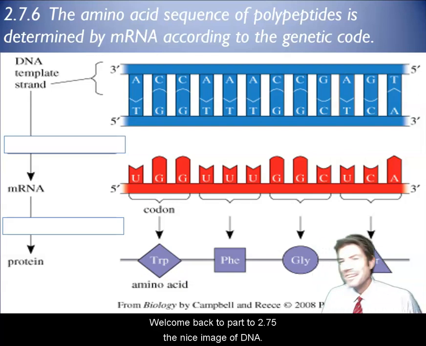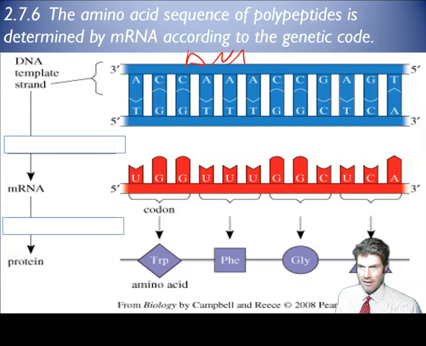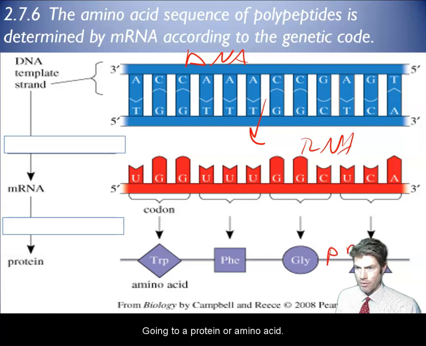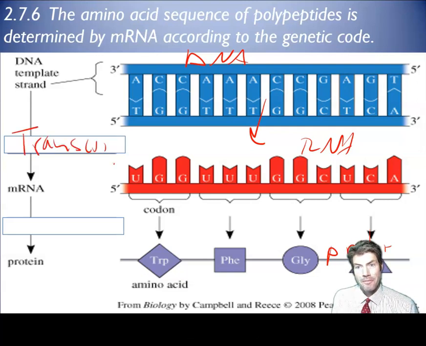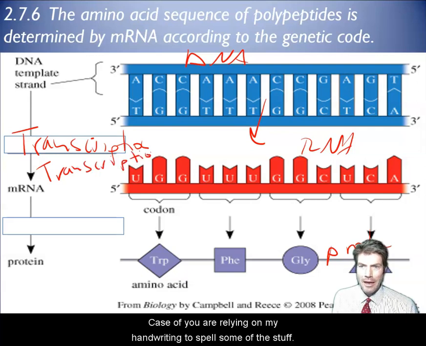Let's go! So, here we have the nice image of DNA going to RNA, going to a protein or amino acid. And the special term for this first step, going from DNA to RNA, is transcription. Let me write it better, in case some of you are relying on my handwriting to spell some of this stuff.